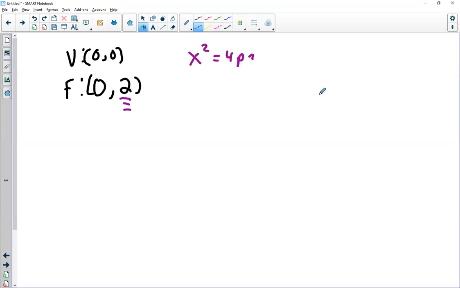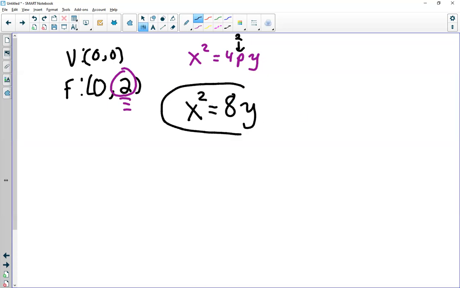This value is supposed to be the P value. Because we know that's the P value, I could plug in a 2. And what's 4 times 2? 8. So then I have x squared equals 8y. That's it. That's all I need. That's it for that one.